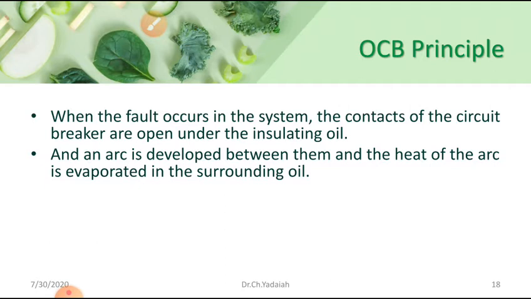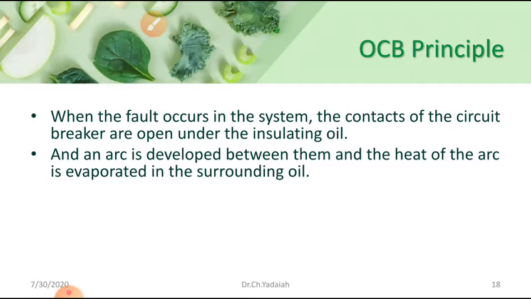Now what is happening? This creates a turbulent pressure in the closed tank. Under normal conditions, some area is occupied by the oil; now the oil becomes bubbles. The bubbles contain high pressure hydrogen particles.